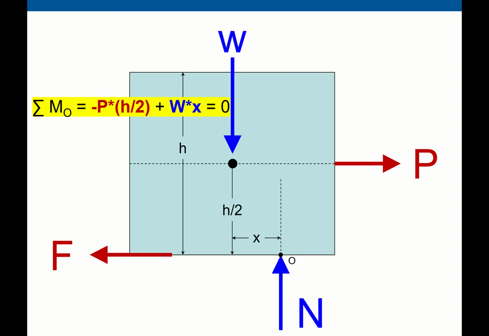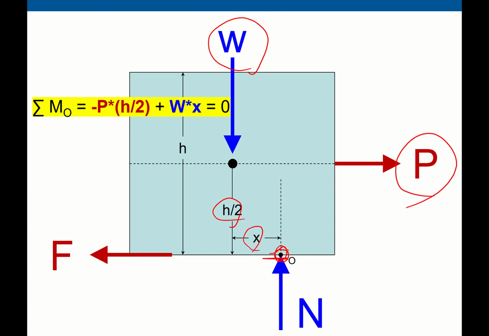How about the moment? At any point, if you calculate the moment at point O, that should be equal to 0. Here we have a contact surface point O, and we have a weight, and this pulling force creates the moment, rotations. We have dimensions here.